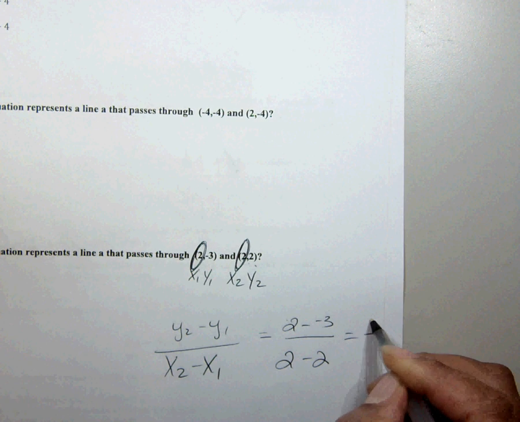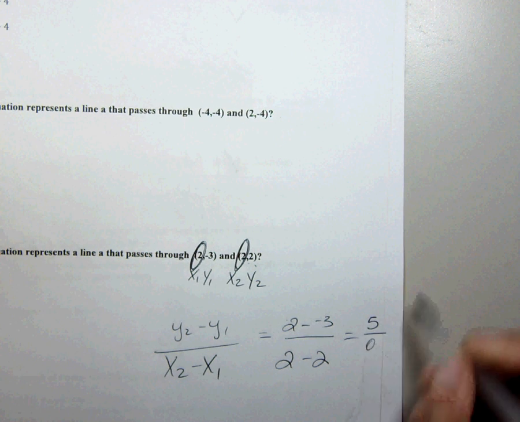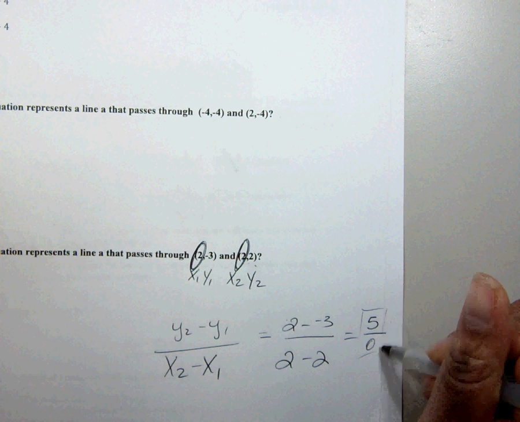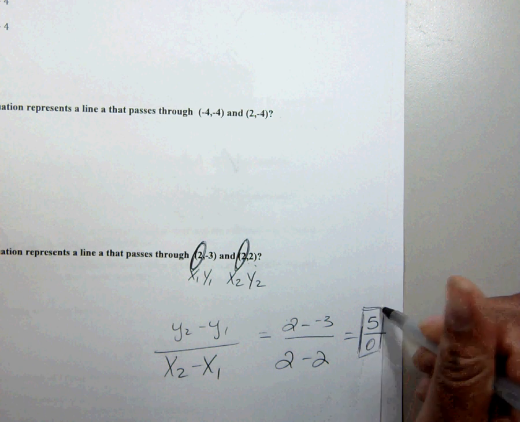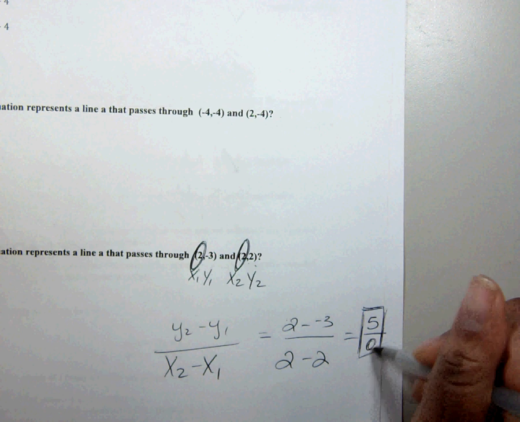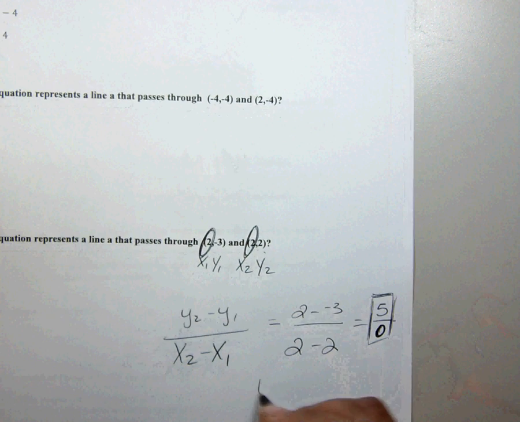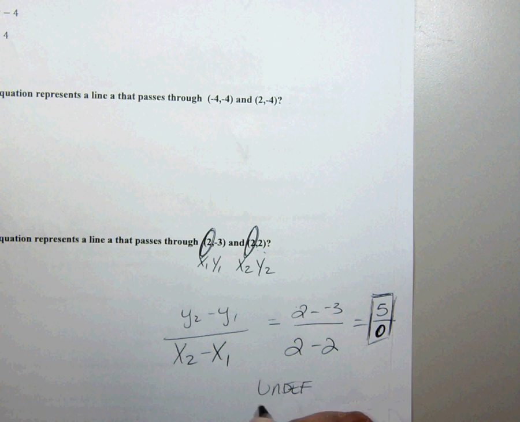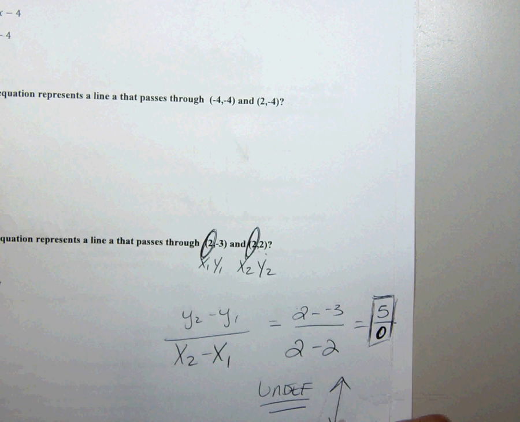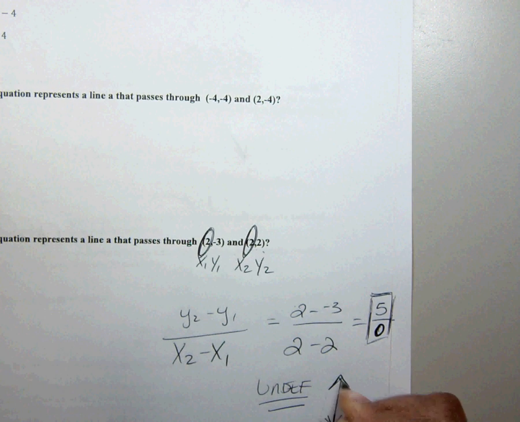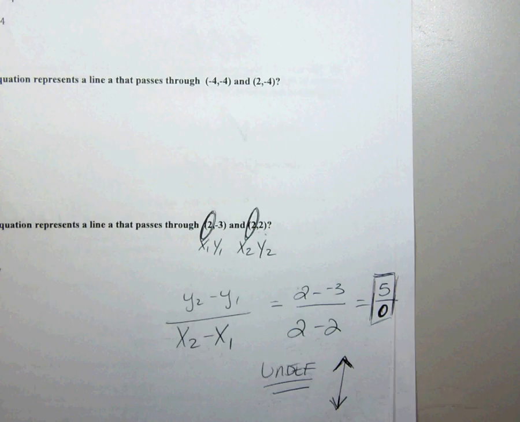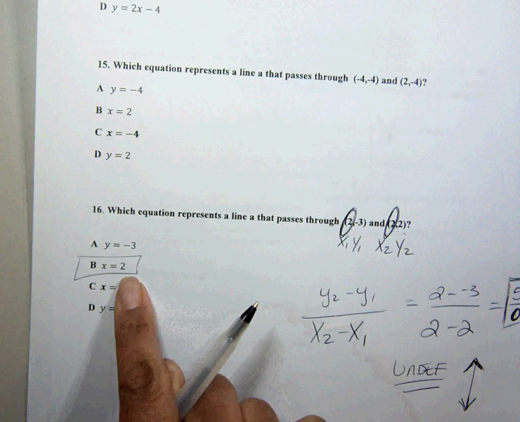That gives you 5 over 0. And as of right now, you can't divide by 0. It'll be infinity when you get to pre-cal and calculus, but right now you can't divide by 0. So we call it undefined. And remember, I'm undefined when I stand up because I'm independent, I'm x. So that would be answer choice B.